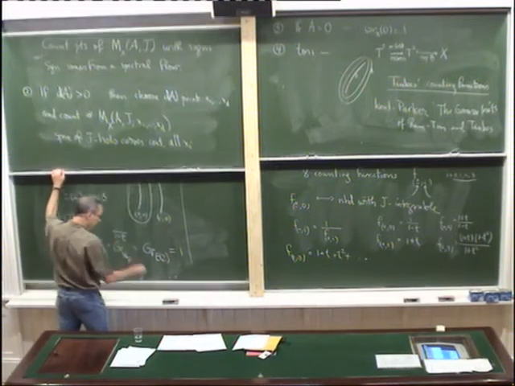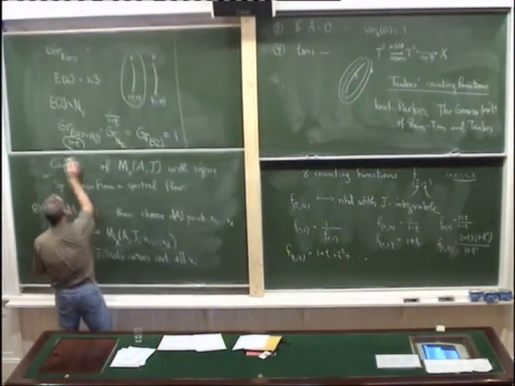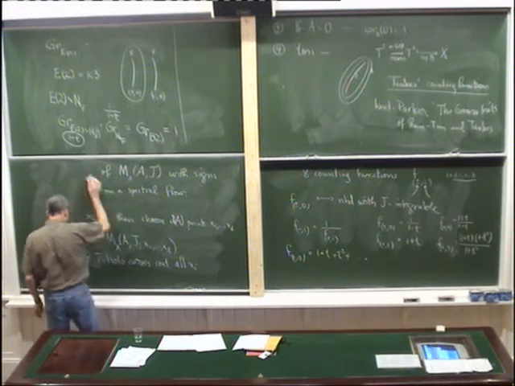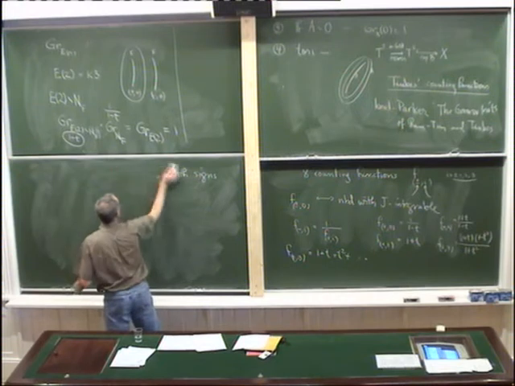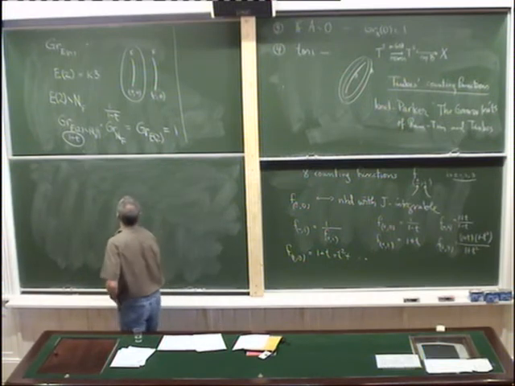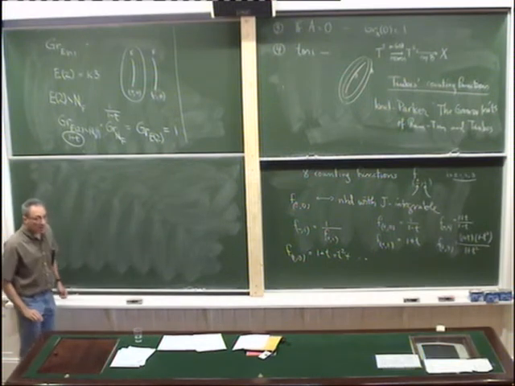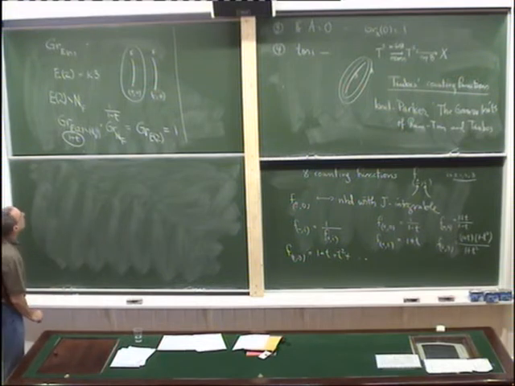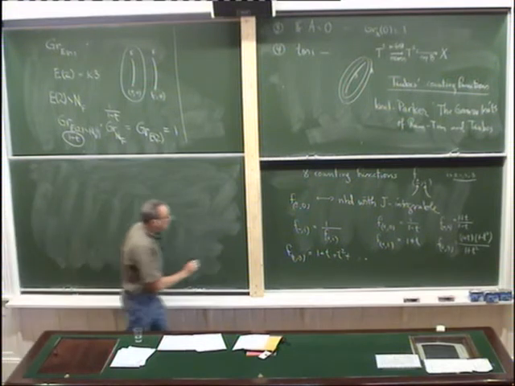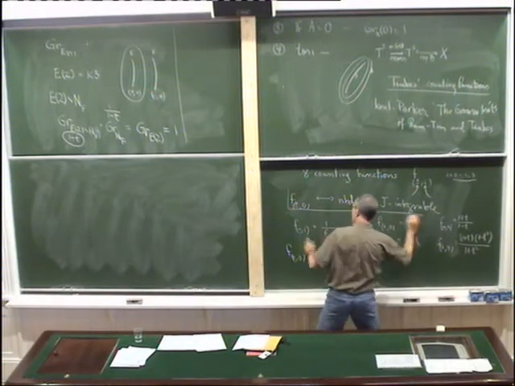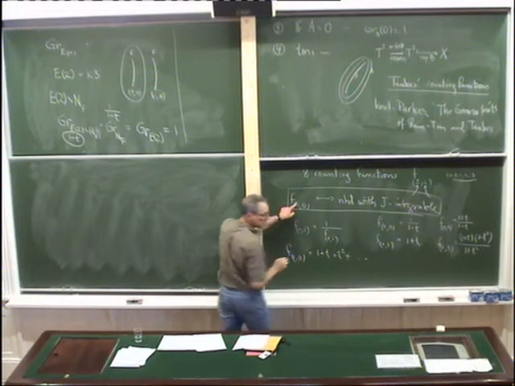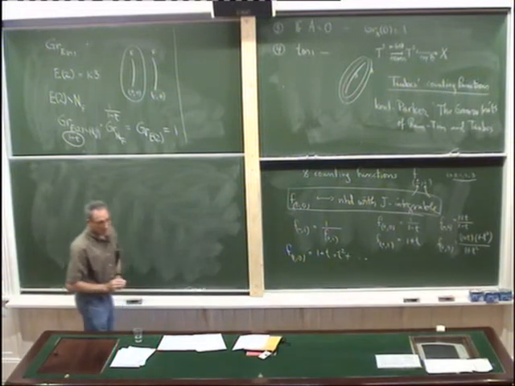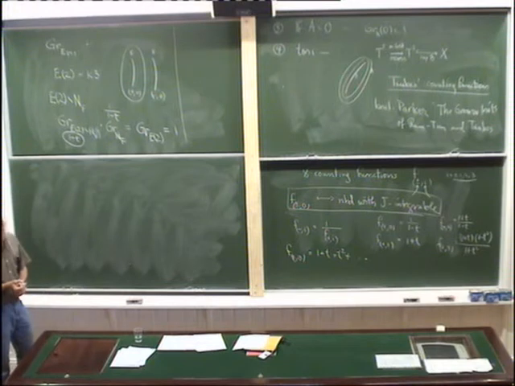Since you know this relative invariant, you can now write, yes, plus. It means J is integrable, and the sign you get is plus. Okay?